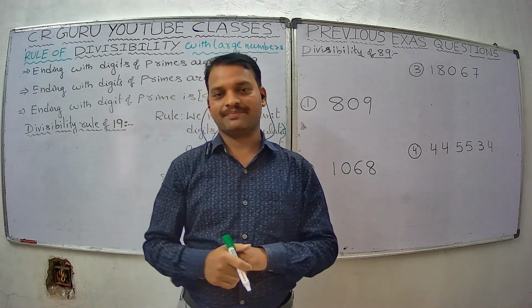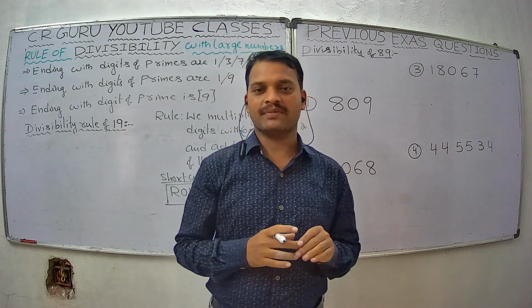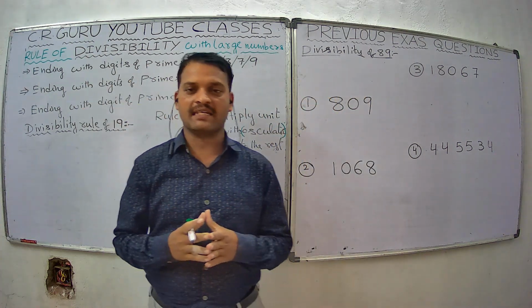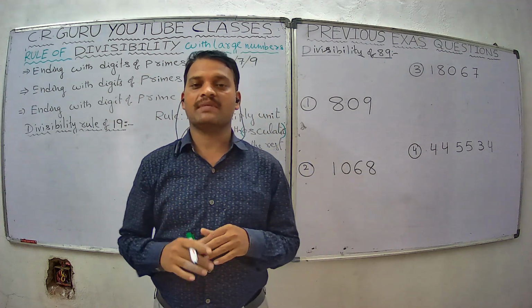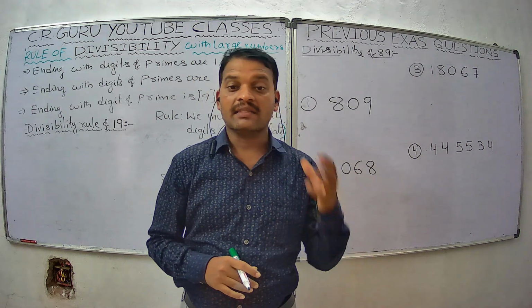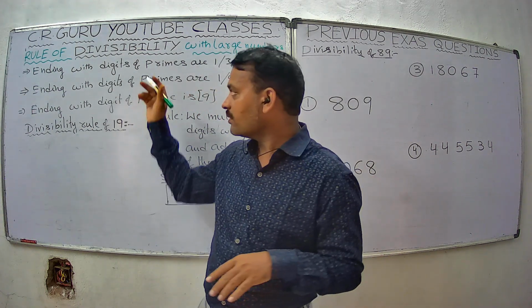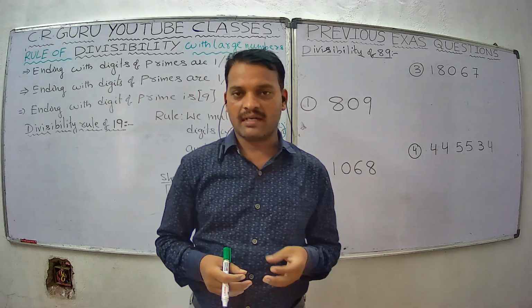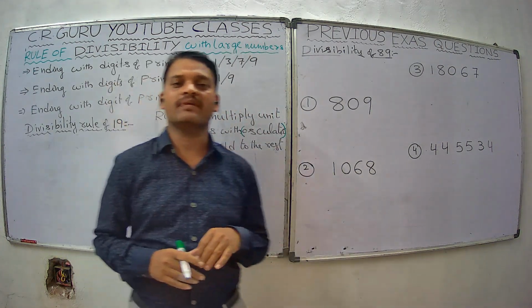But for competitive exams, if very large numbers are given, like 79 or 89, how do we check divisibility? I want to explain that to you, my dear friends.